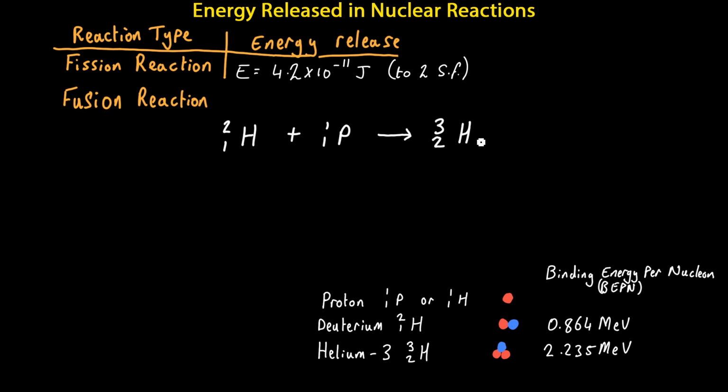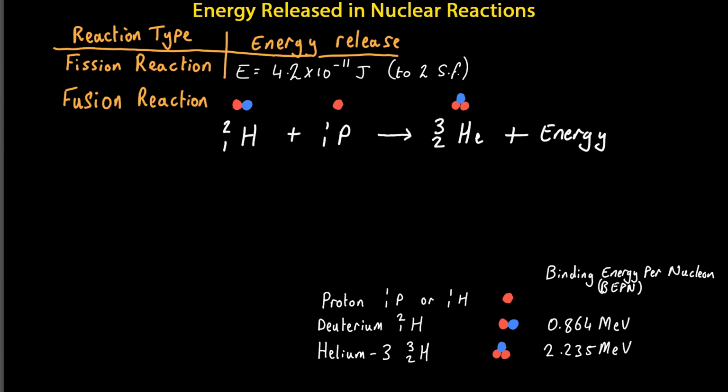Now helium has 2 protons in the nucleus, and the 3 tells us the total number of nucleons in the nucleus. So if there's already 2 protons in helium-3, and there can't be any more protons or any less protons than that for this element, otherwise the element would change, then we know that the third nucleon must be a neutron.